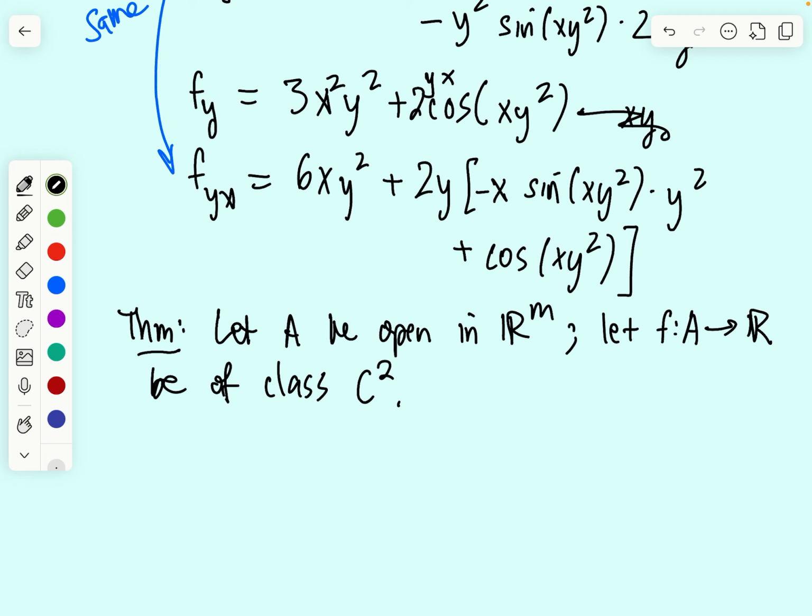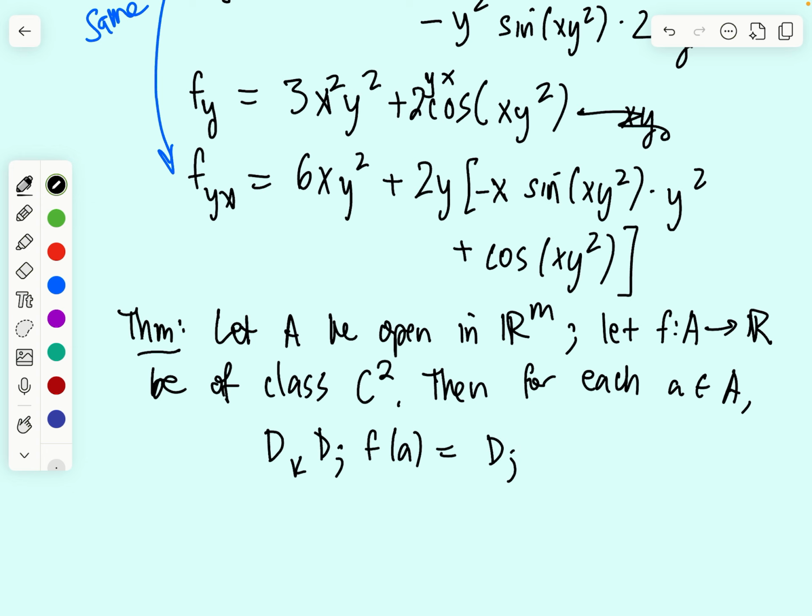So we need that all the partial derivatives up through second order are continuous. Then, for each a in A, d sub k, d sub j, f of a equals d sub j, d sub k, f of a.